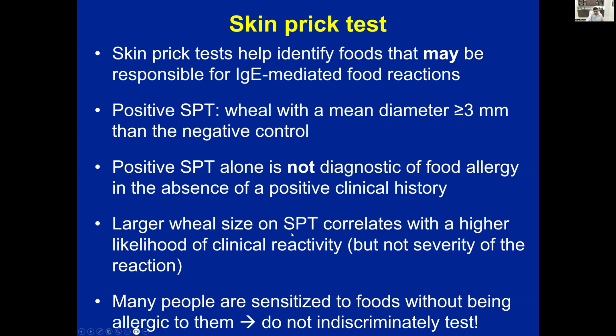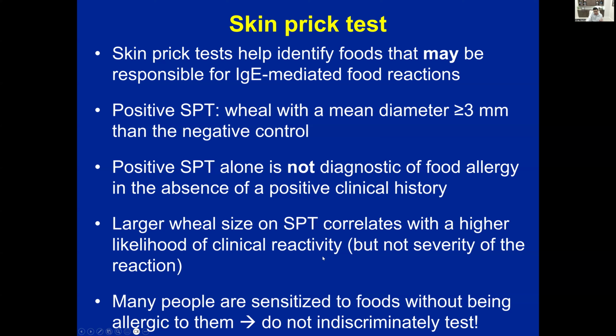I mentioned certain thresholds. In the case of foods, the higher the size of the skin prick test, the more likely that you will react to the food. But it doesn't tell you anything about the severity. So it's important that on a skin prick test, you can't say, oh, you're severely allergic to the food.